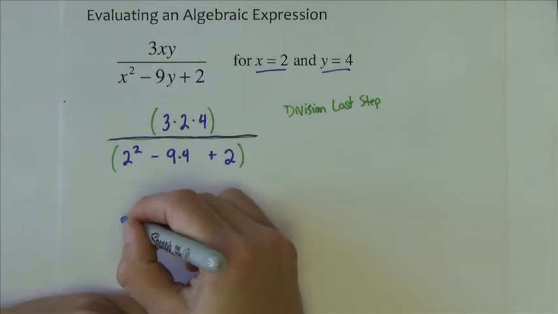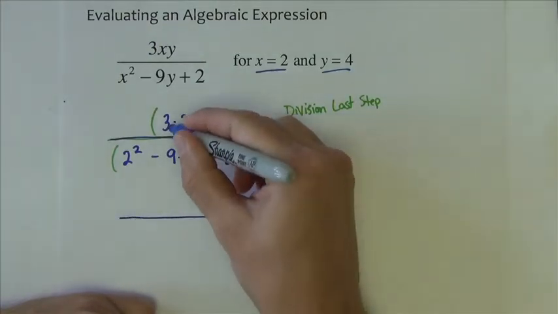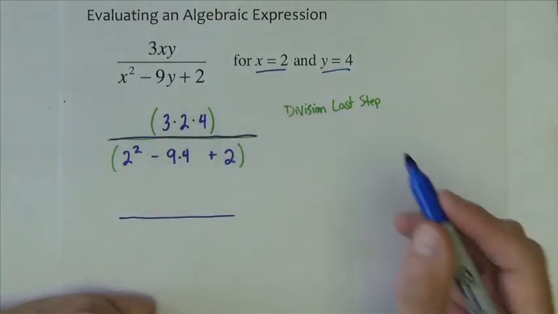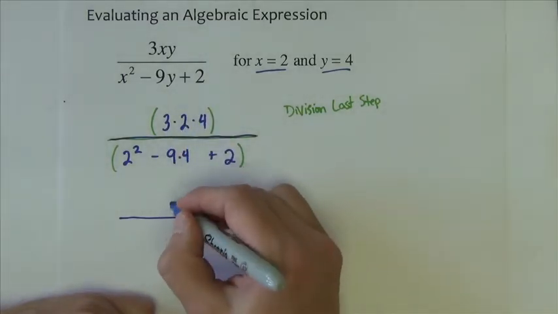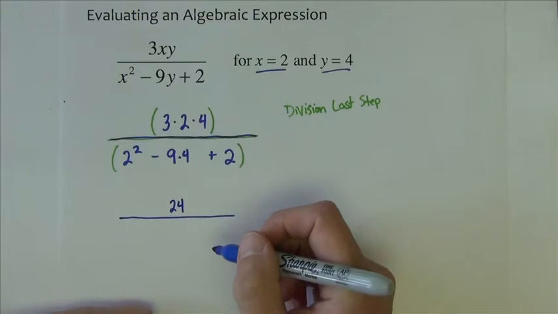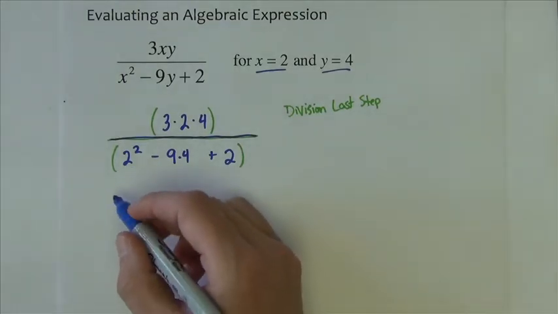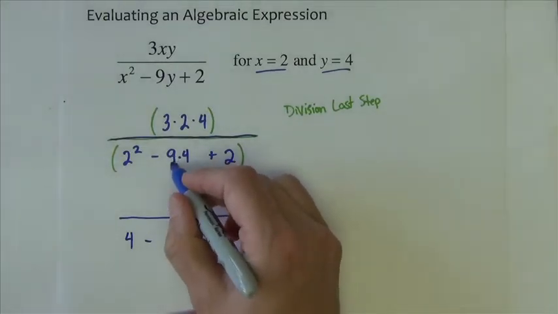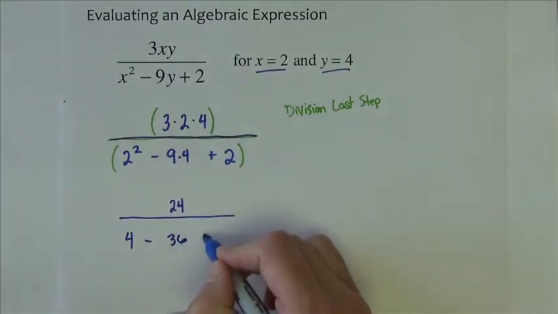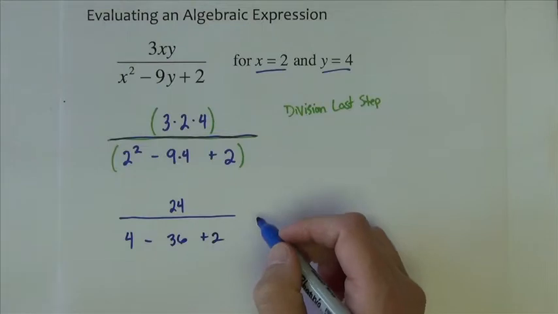So in the numerator, 3 times 2 times 4, we're just going to multiply across from left to right. 3 times 2 makes 6, and 6 times 4 makes 24. The denominator, I'll do it in a couple steps. 2 squared is 4, minus 9 times 4 is 36, plus 2.